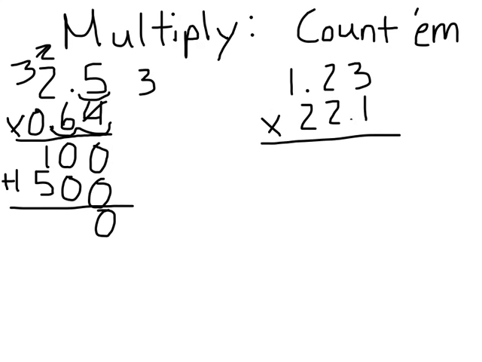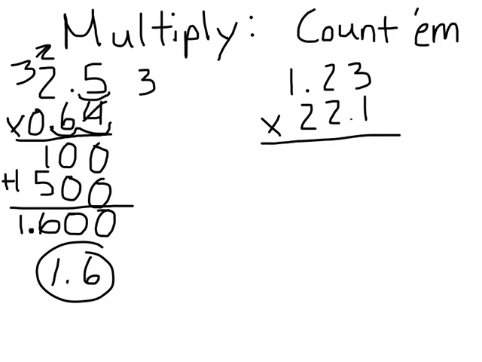When I add those together, I get 1,600. Now, I had tenths and hundredths, which gave me 3 digits behind the decimal. That means that I need 3 digits behind the decimal in my answer, because tenths times hundredths are thousands. My answer is 1 and 600 thousandths, or just 1.6.